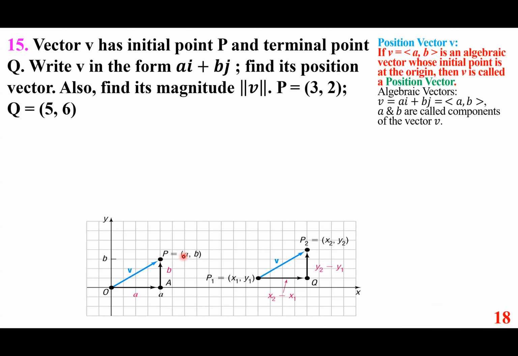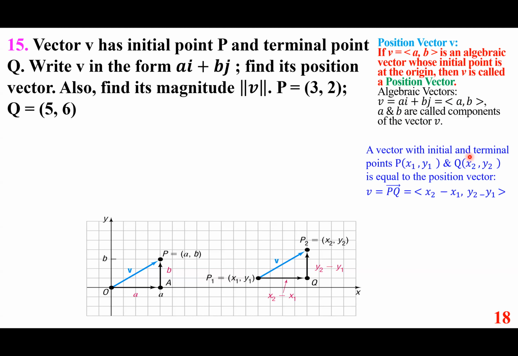So let's look at these definitions, reminding everybody if a vector v with components a, b is an algebraic vector whose initial point is at the origin, then v is called a position vector. Algebraic vectors, v is ai plus bj, or just in this format, a comma b. a and b are called components of the vector v.